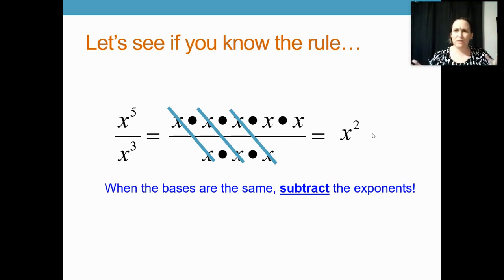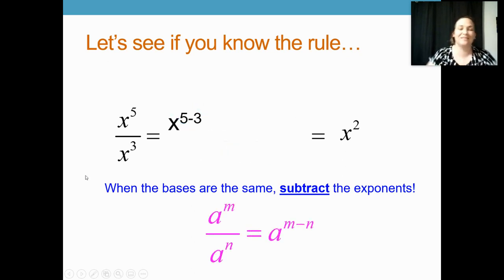And that totally makes sense because earlier this week, we did multiplying. And when we had a problem that was being multiplied, we used adding. So if multiplication uses adding, then it makes sense that division uses subtracting. And here's what that looks like in a generic equation.